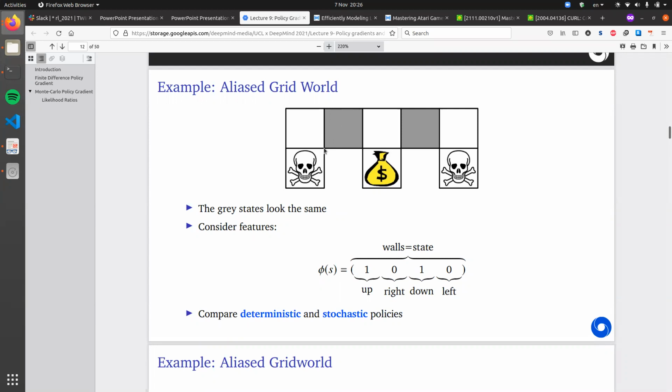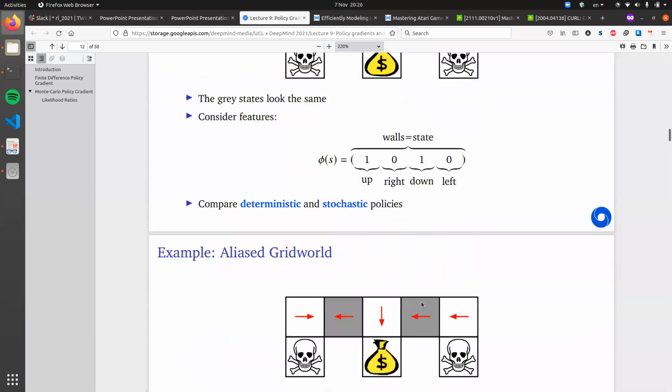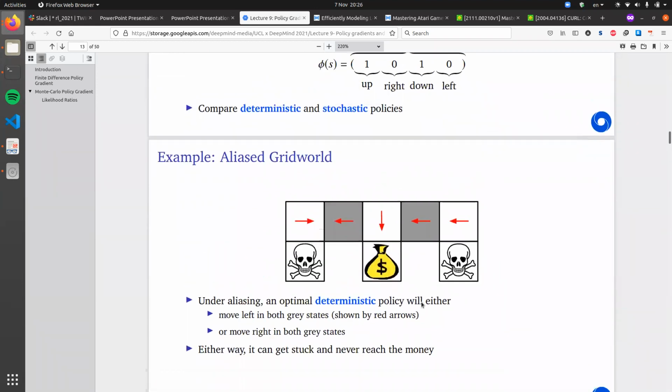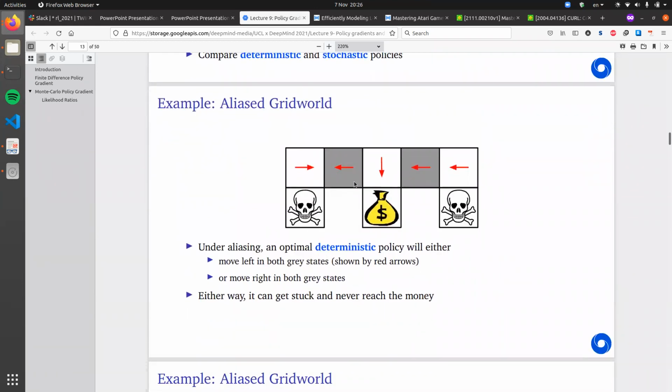As you can see from this grid world, it is not possible to provide a deterministic policy that will always get to the positive reward state in the center, because these two gray states are indistinguishable, and if the policy is deterministic, we can basically select here either move left or move right.